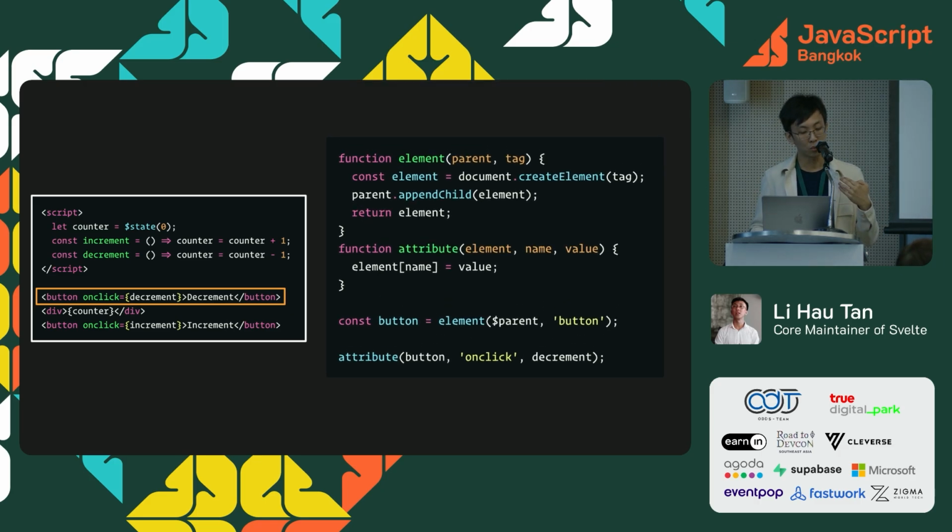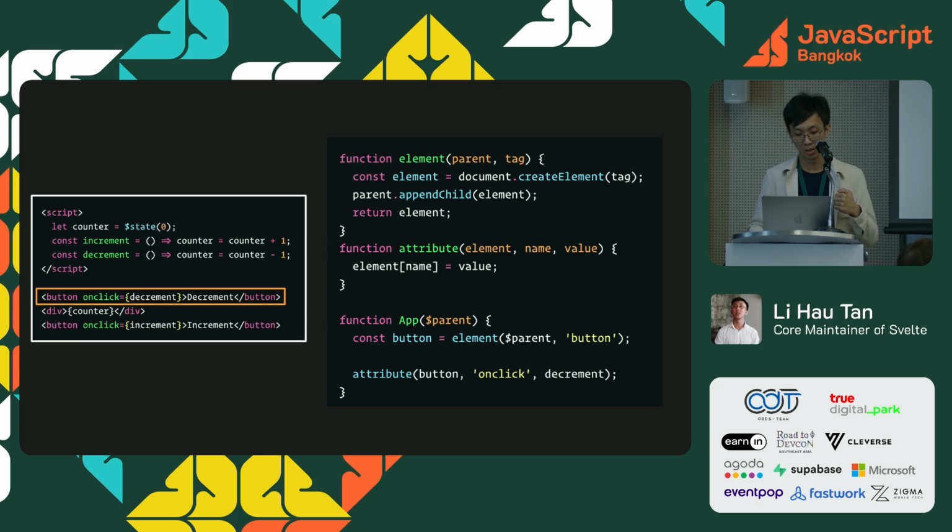And we want to be able to create this component, this button, multiple times. So let's wrap it in a function. So that when we want to mount or create this component, we can call the add function with the element that we want to create the component in, which in this case is the document body.